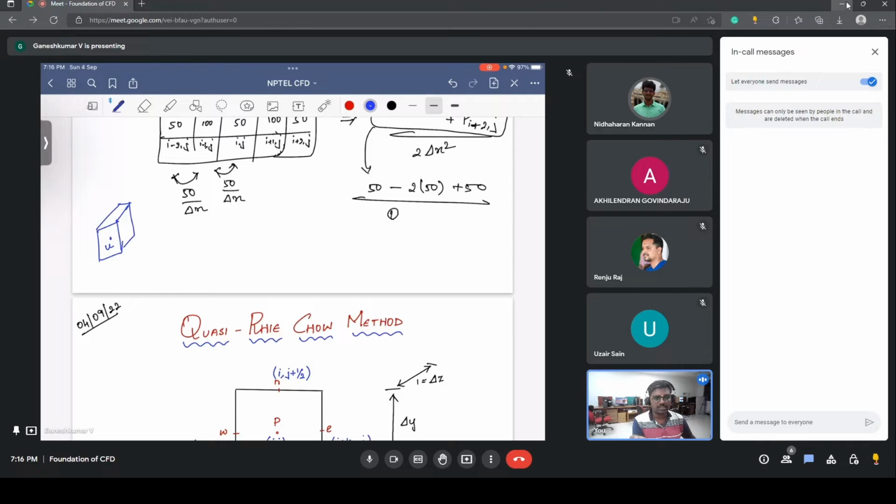If you store temperature at the faces, then pressure will affect the temperature, right? Because pressure is in the cell center, because of calculations it can affect the temperature.